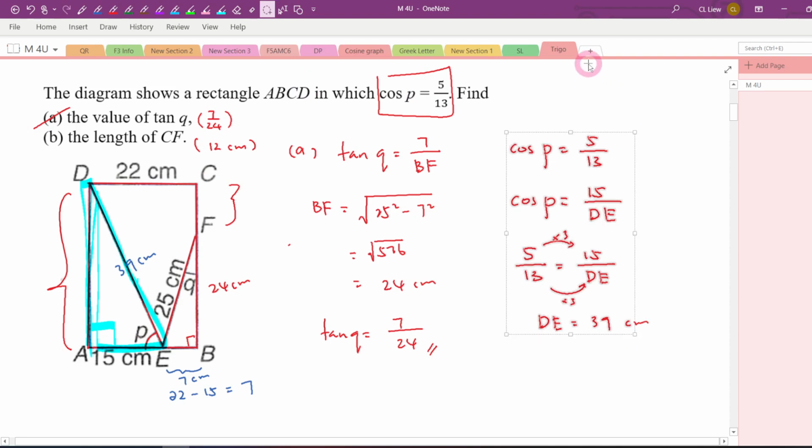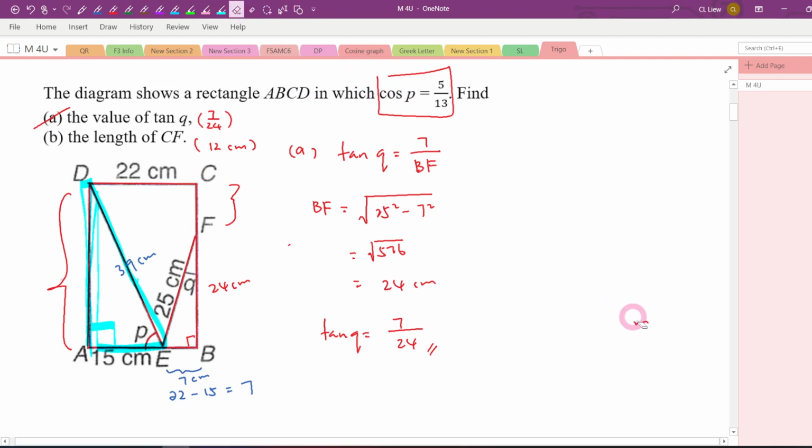Let me erase this one first. Short. So AD is equal to square root of 39 square minus 15 square. Okay. 39 square minus 15 square is equal to 1296.